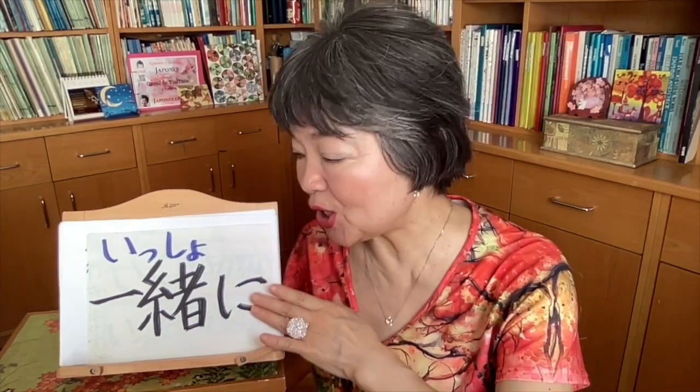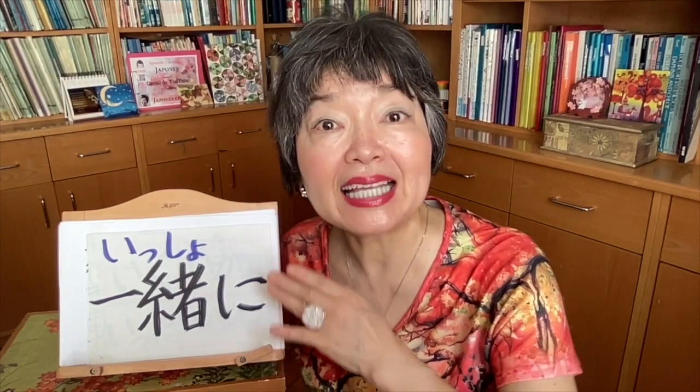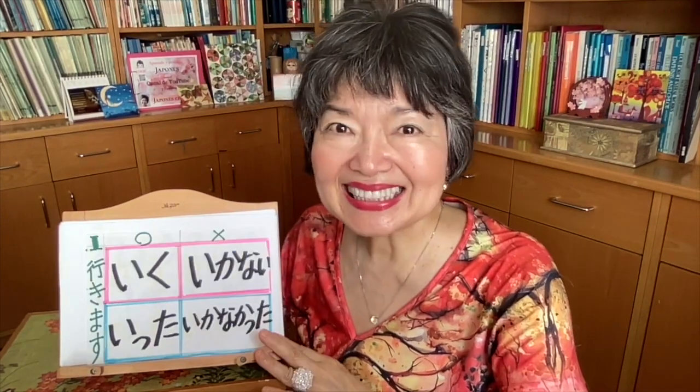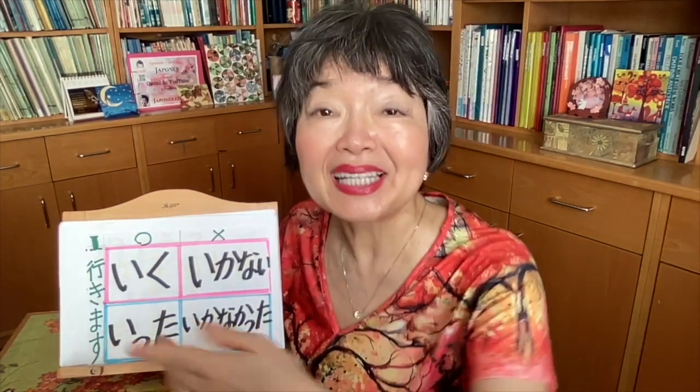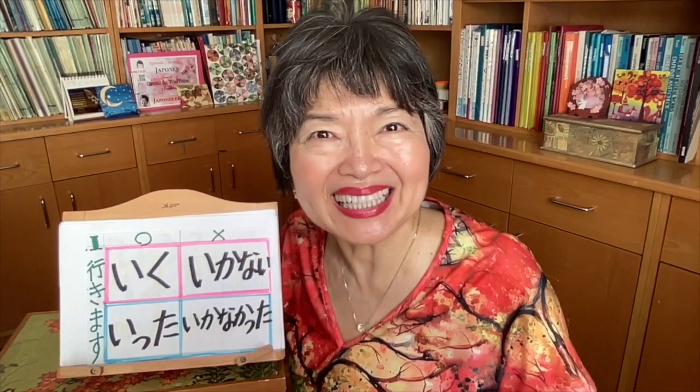"You're going with me, right?" In English you would usually say it with the verb to come: "Are you coming with me, right?" But in Japanese, we usually use the verb to go, 行きます. 一緒に is another word, meaning together with me or together with you. In this case, I'm going to use the verb 行きます, to go, even if you say "are you coming with me?"